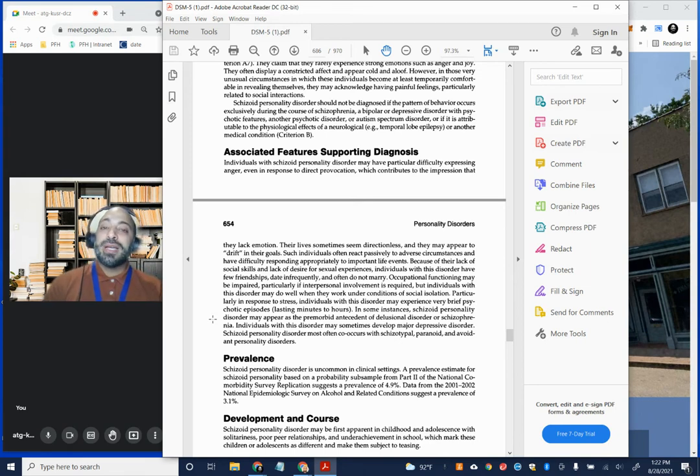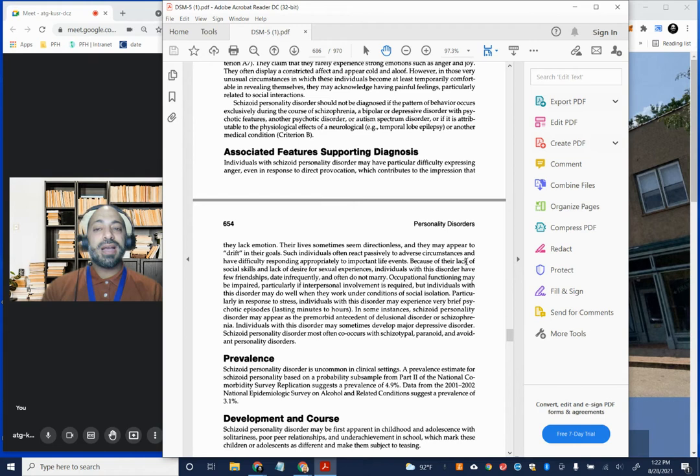Their lives sometimes seem directionless, and they may appear to be adrift in their goals. Such individuals often react passively to adverse circumstances and have difficulty responding appropriately to important life events.